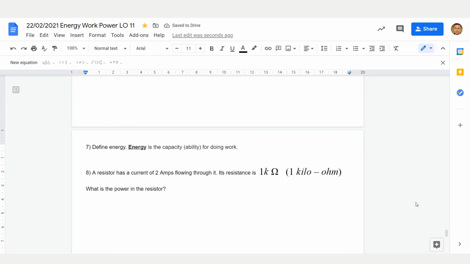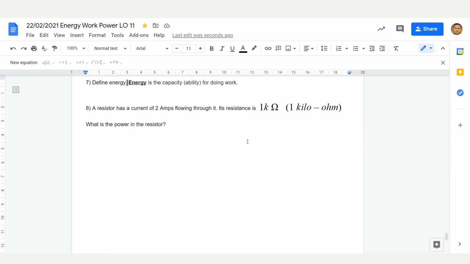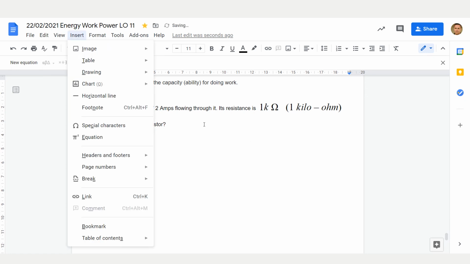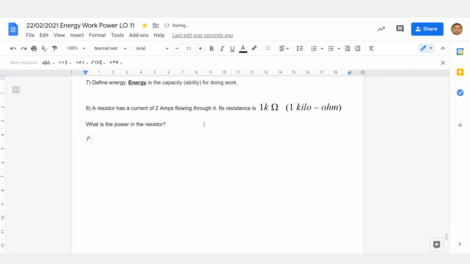A resistor has a current of 2 amps flowing through it. Its resistance is 1 kilo ohm or 1000 ohms. What's the power? Okay, well, what we said was insert equation P equals I squared times R, where I is the current and R is the resistance, which is equal to 2 amps squared times the resistance of 1000 ohms.